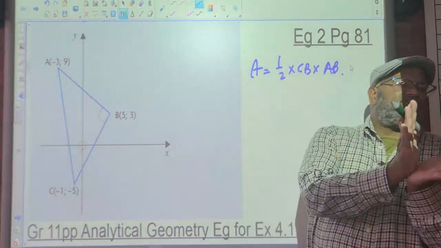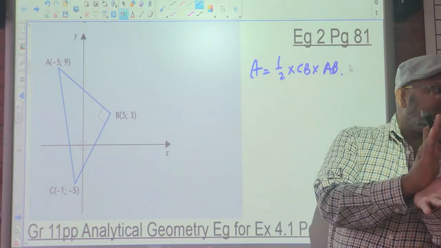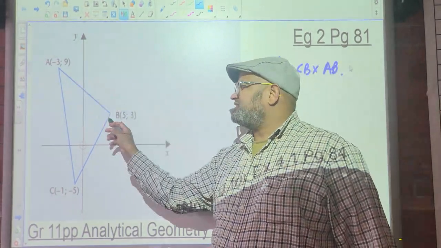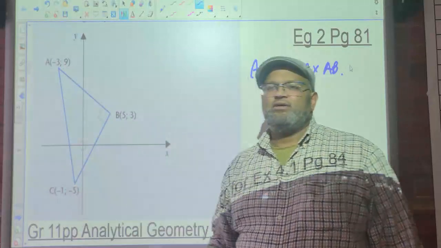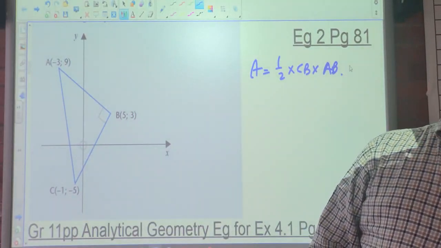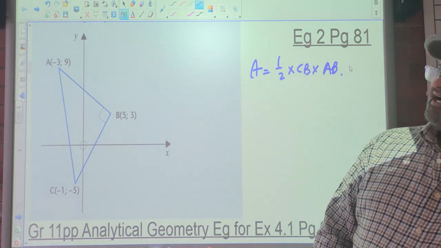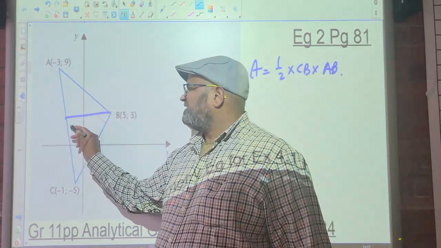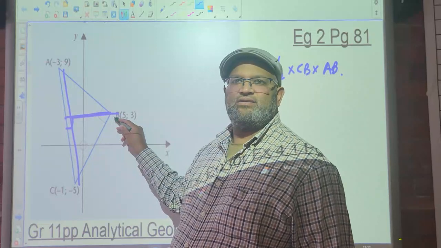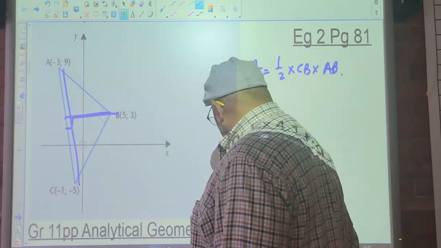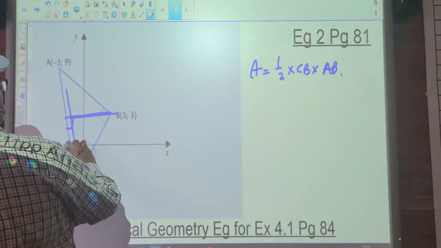Remember, it's on either side of the 90 degrees. One base, one height. Or if that's your base, then this is your perpendicular height. It doesn't matter. But never would that be your perpendicular height to your base. Unless it's going that way, and there's 90, then that is your base, and that is your height. Can you see that, people? But you should do it at 90, where the 90 lies. Okay?